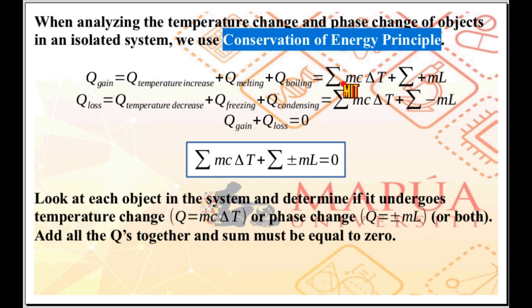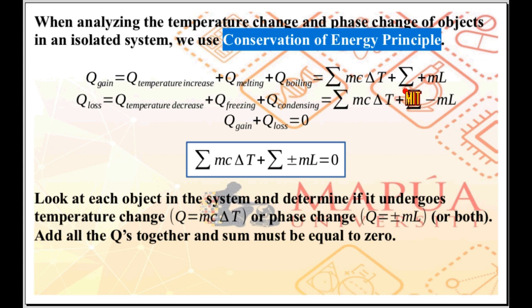Temperature increase is simply mc delta T. So take all that mc delta T for temperature increase. Q melting and Q boiling are phase change. Melting, you have positive mL_F. Boiling, you have positive mL_V.